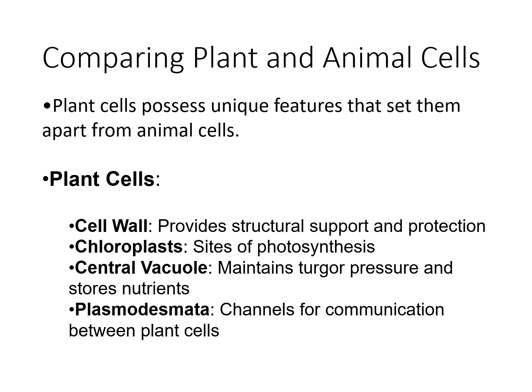Chloroplasts are the sites of photosynthesis, converting sunlight into chemical energy. The central vacuole helps maintain turgor pressure and stores water and nutrients. Plasmodesmata are tiny channels that allow communication and transport between neighboring plant cells. These specialized features reflect the unique adaptations of plant life.